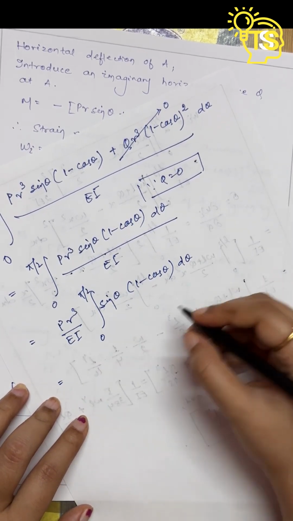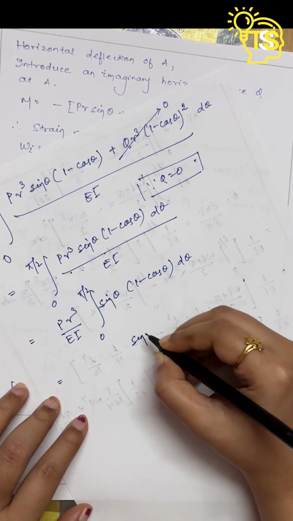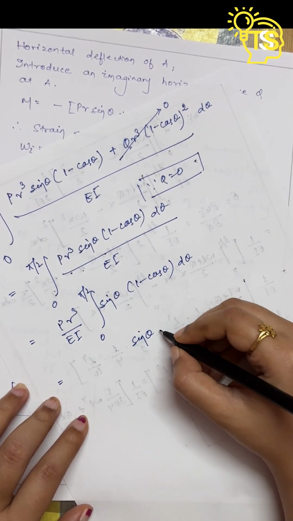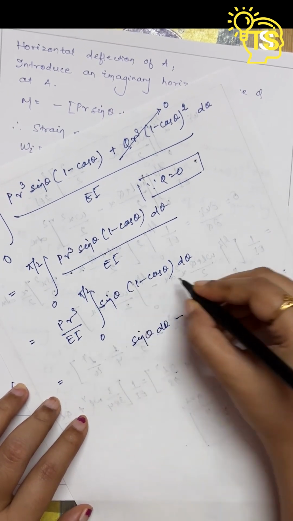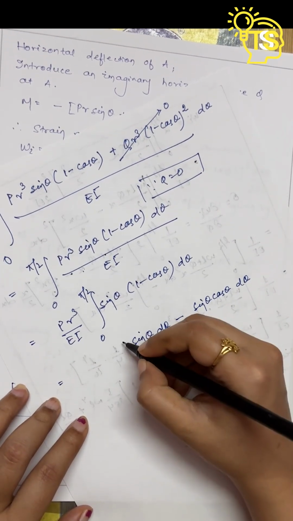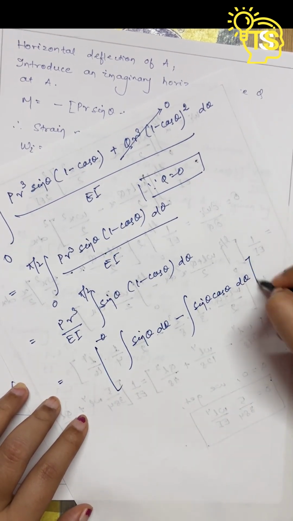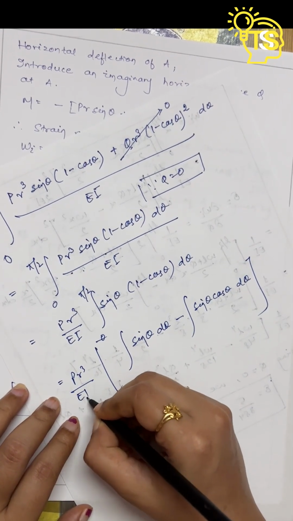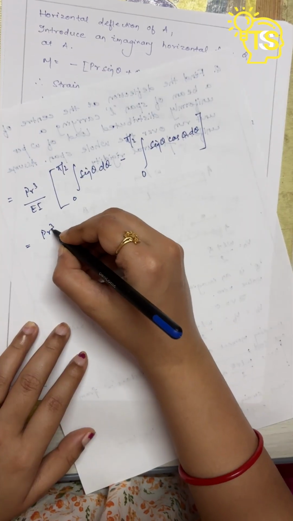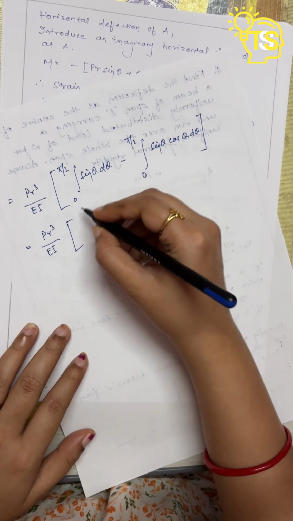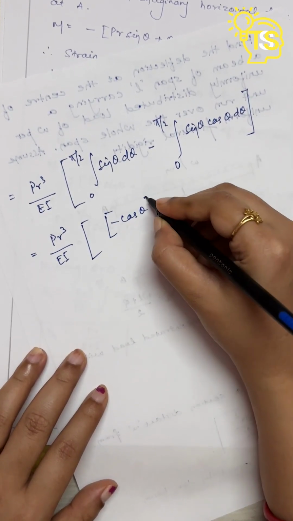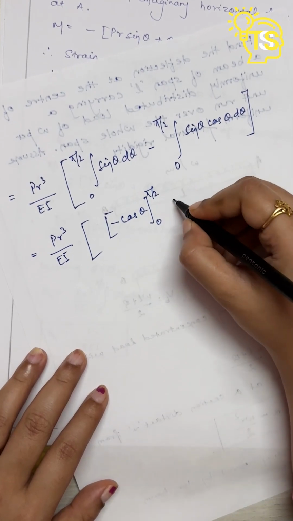Now let's integrate it. Let's multiply sin theta into 1, that is sin theta d theta minus sin theta cos theta d theta. Let's separate it, limits 0 to pi by 2 for each. Here the integration of sin theta is minus cos theta, with limit 0 to pi by 2.